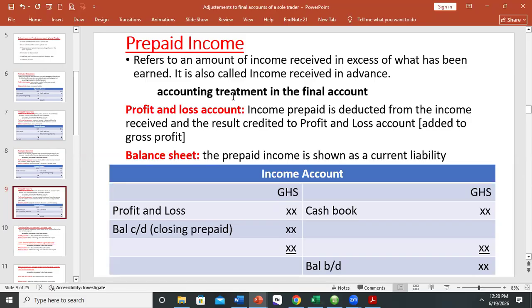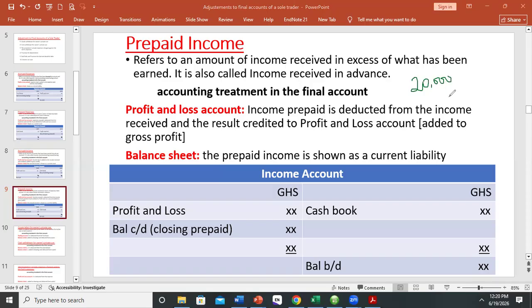So here you appreciate that the business has received the income in excess of what they actually earned. So again, if we take your school as the business, then if any student pays fees in advance, what it means is that the school has received that income in advance. So for a term, the students are supposed to pay a total of 20,000 Ghana cedis.